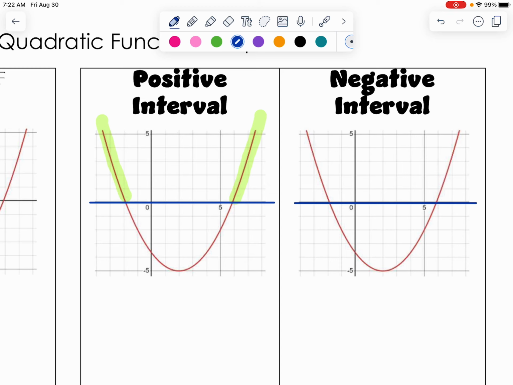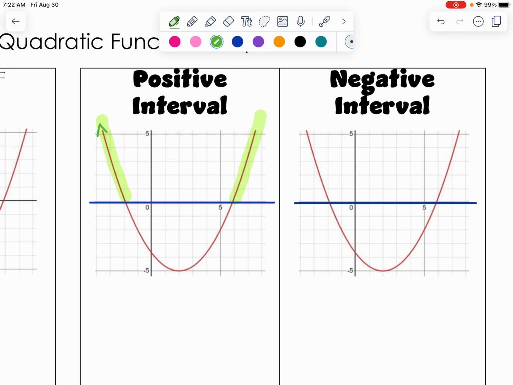Now to actually write those intervals, I want to write them in terms of the x values. So I want to think about for what x values is the graph above the x-axis. So starting with this first section over here, even though visually we can only see that the graph starts here and goes to there, we know that graphs actually continue forever and ever in both directions.